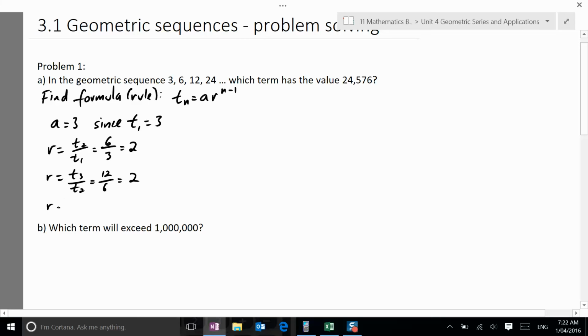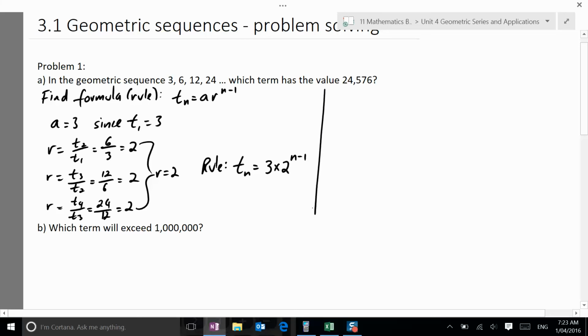It's looking pretty good. So I can say r equals 2, and my rule will be the nth term is 3 times 2 to the power n minus 1.